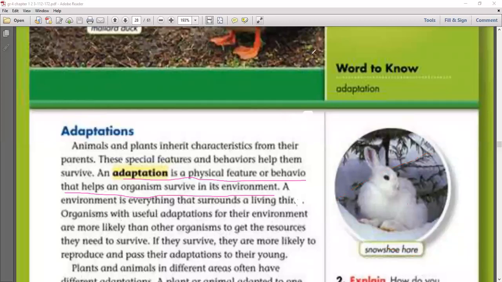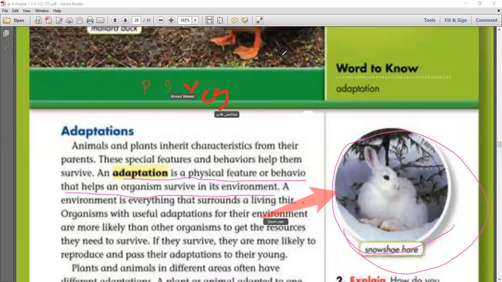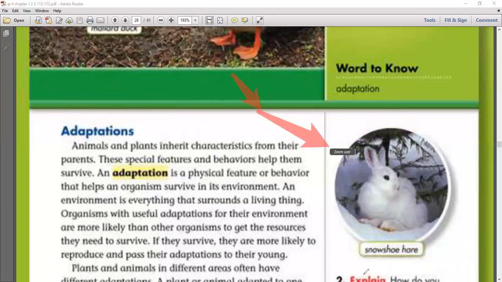Okay. Now we talk about this animal here in this picture. This animal has many different adaptations, but we'll talk about its color. The color of this animal is an adaptation, making camouflage in its environment.